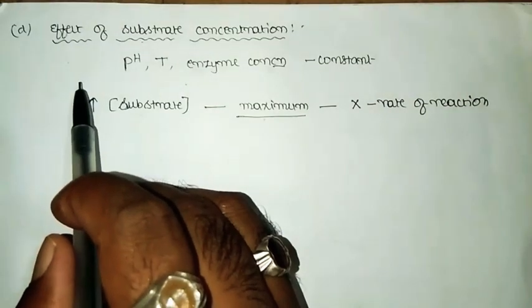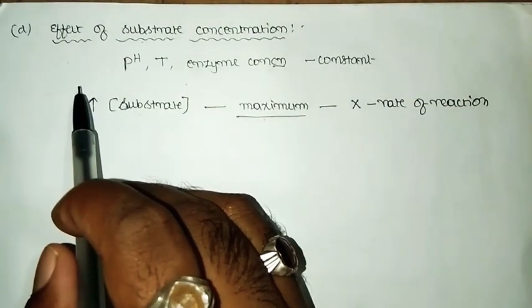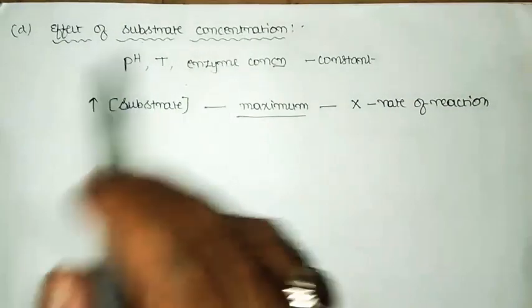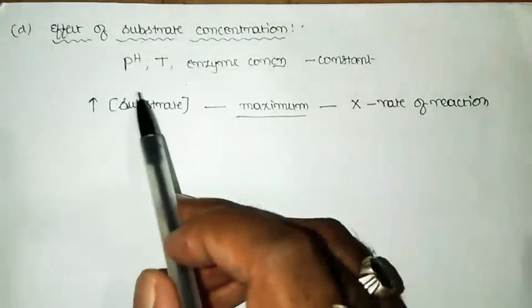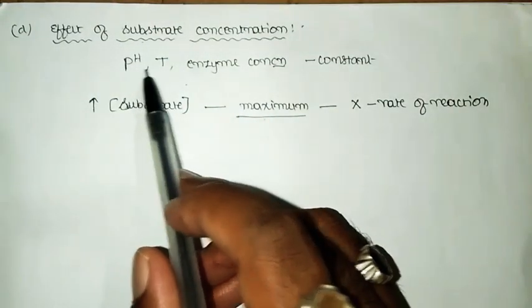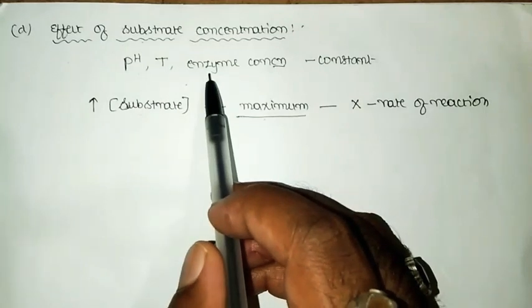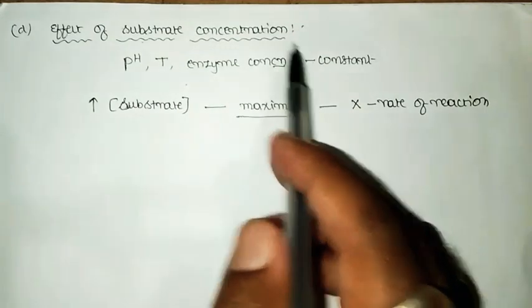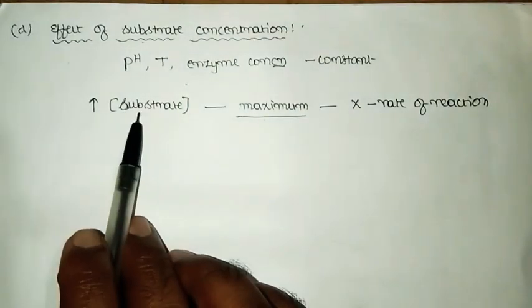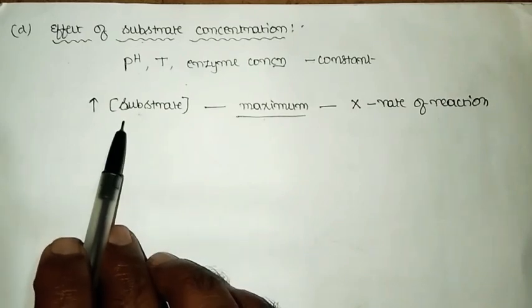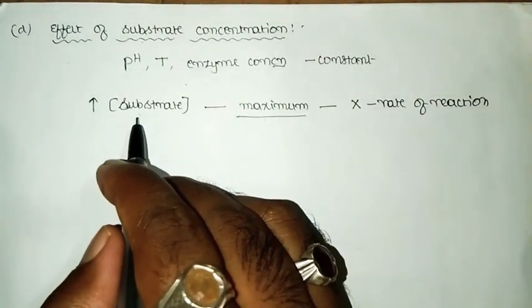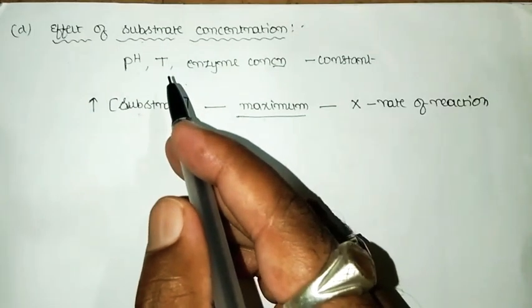The fourth factor that influences the rate of enzyme catalyzed reaction is substrate concentration. By keeping the conditions pH, temperature and enzyme concentration constant, if you increase the concentration of substrate, the enzyme activity also increases.